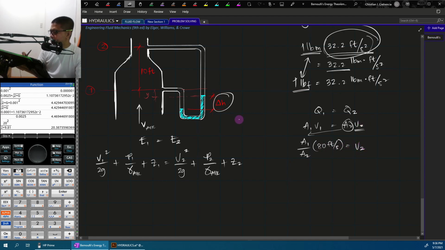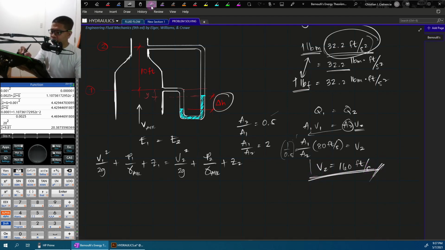The problem says area 2 over area 1 is equal to 0.5, so if we invert it, area 1 over area 2 will be equal to 2. Then, velocity at point 2 is 80 times this ratio of 2, so this is 160 feet per second. That is velocity 2.